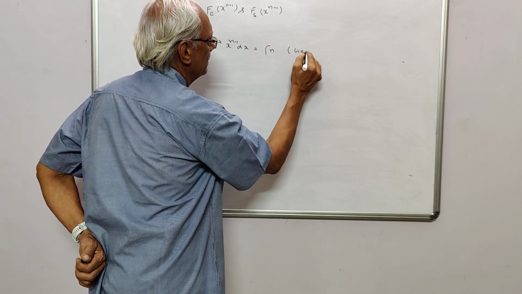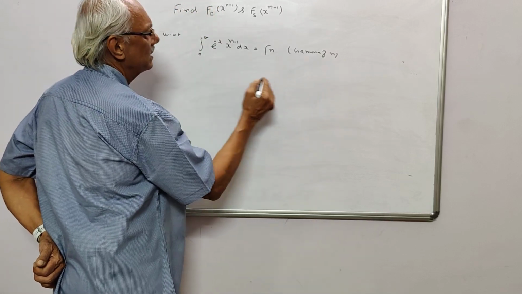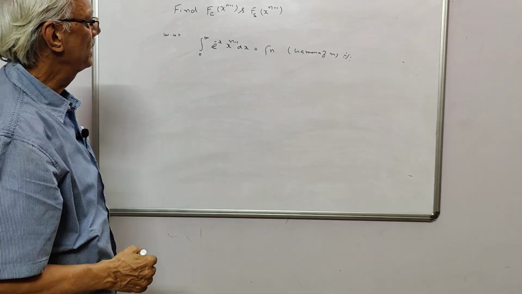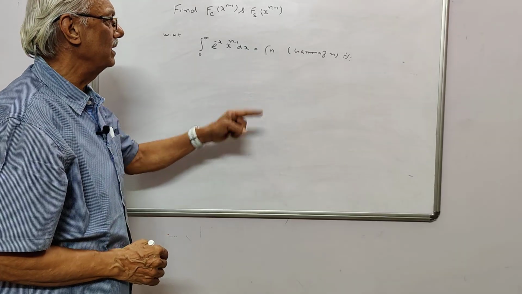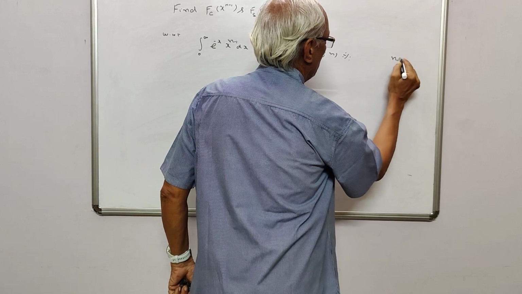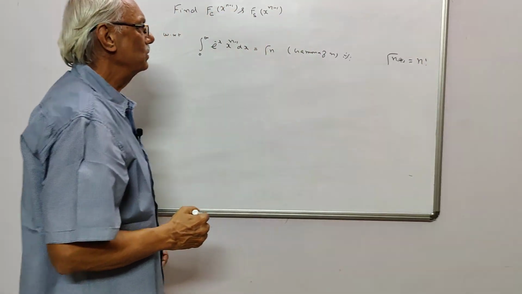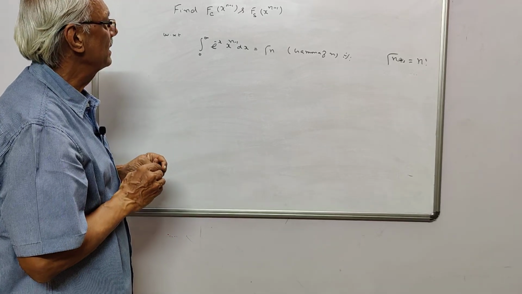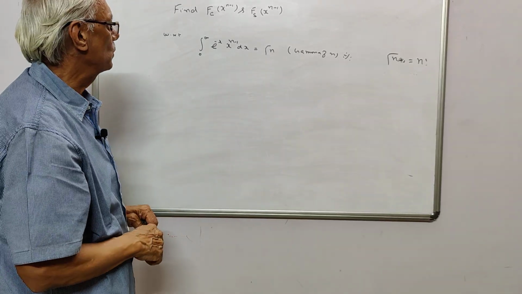This is a gamma function, a very important integral. This is a gamma integral, and it is a factorial integral: gamma of n plus 1 is factorial n. Gamma of n is given like this. Using this particular idea, we will try to solve this.